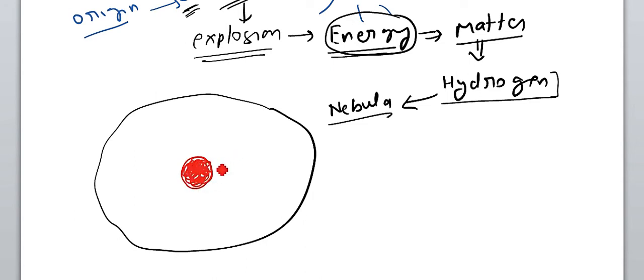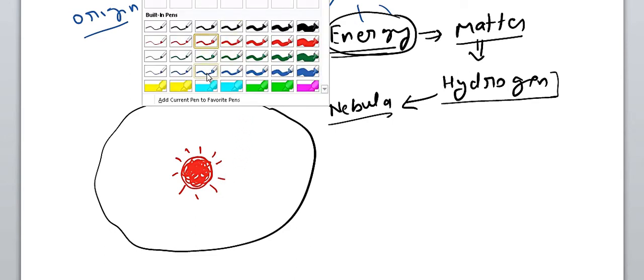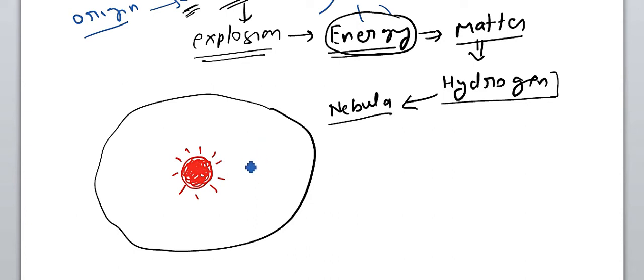So the sun is also a star. At the center of this nebula, the star or sun was formed, and the surrounding matter, gas, dust, etc., further aggregated and formed the planets.